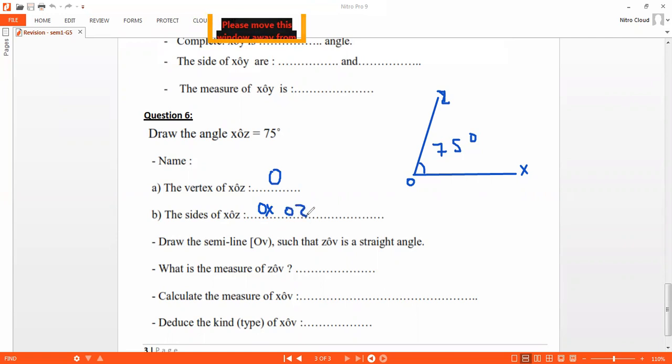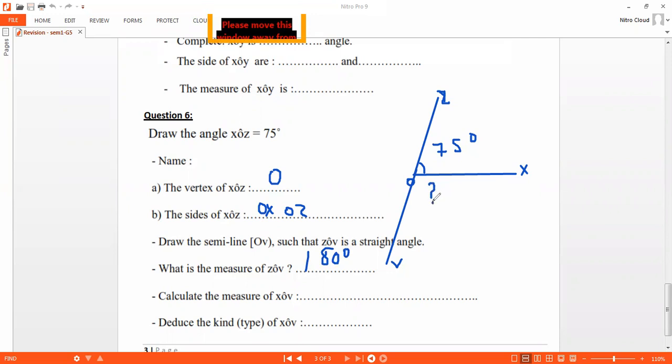And now we need to draw the line OV such that ZOV is a straight angle. So it's very easy. Just extend the ZOV to form a straight line like this. And this is ZOV. Now, what's the measure of ZOV? Because we make a straight angle, it's 180. And now, how do we calculate the measure of XOV, this angle?